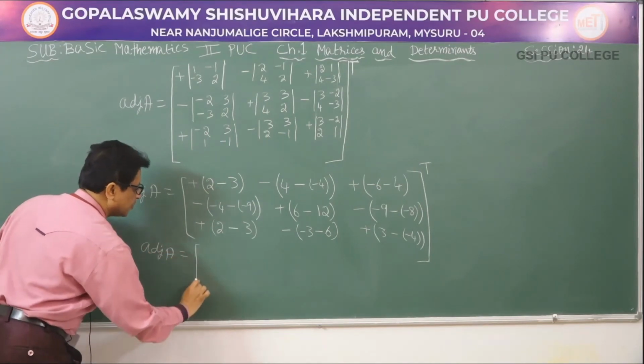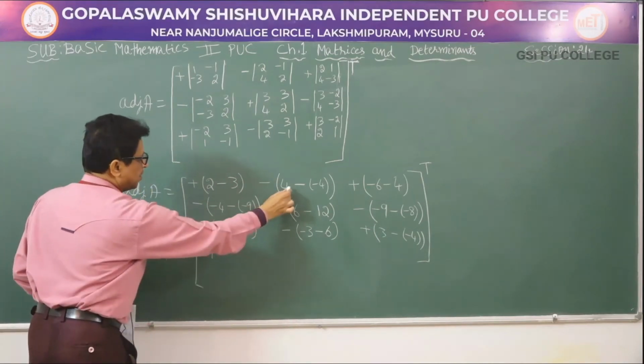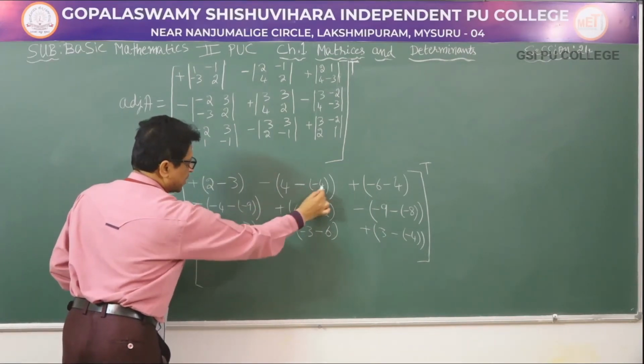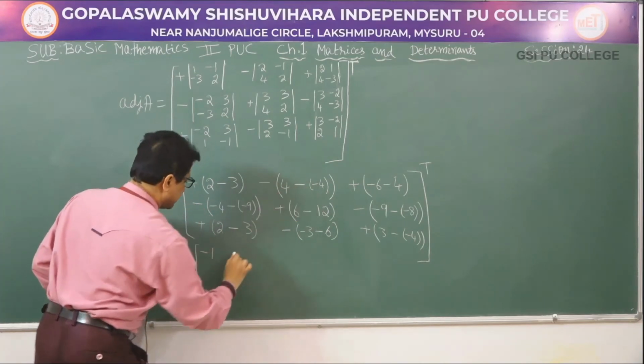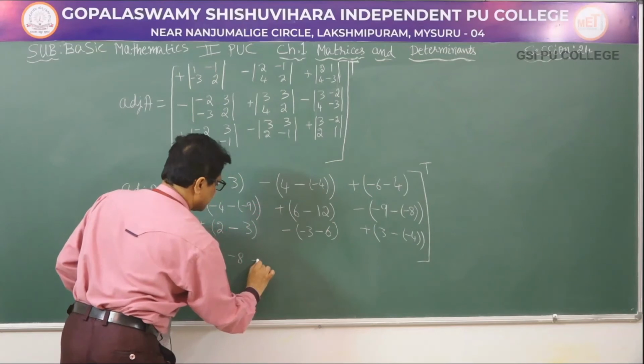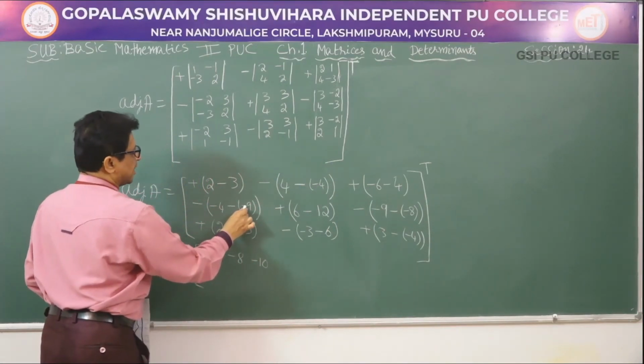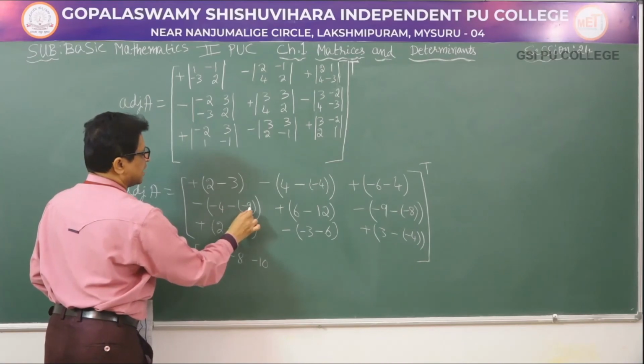Adjoint A is equal to 2 minus 3 minus 1, minus into minus plus 4 plus 4, 8. So minus into 8 is minus 8, minus 6 minus 4 minus 10, minus into minus plus minus 4 plus 9, 5.